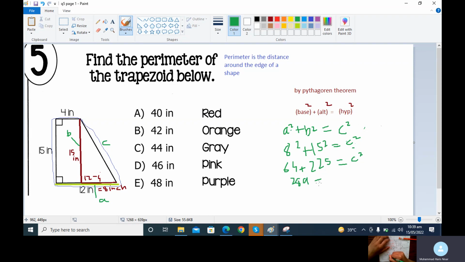289 is equal to c squared. Now we need to find the value of c. So this is squared, so obviously we will take the square root, isn't it?